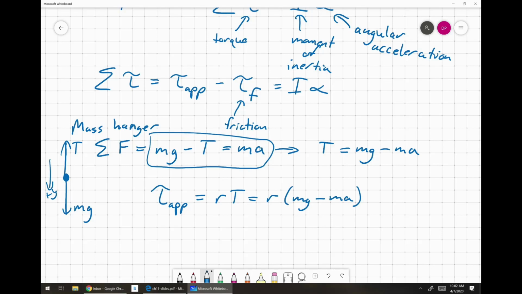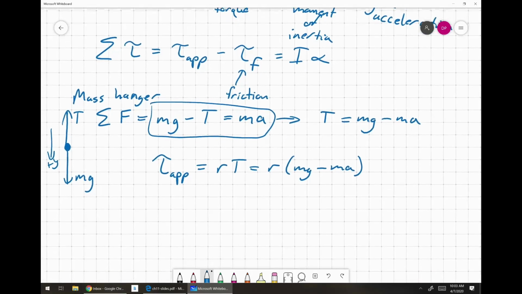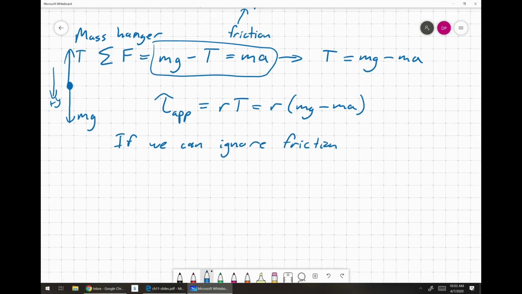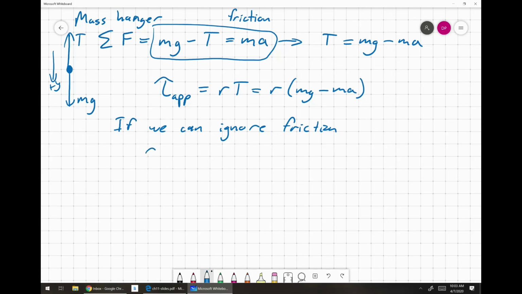And if we can ignore friction, then we can say that the applied torque is the only torque, and that should be equal to our moment of inertia times our angular acceleration. So R times (mg minus ma) equals I times alpha.